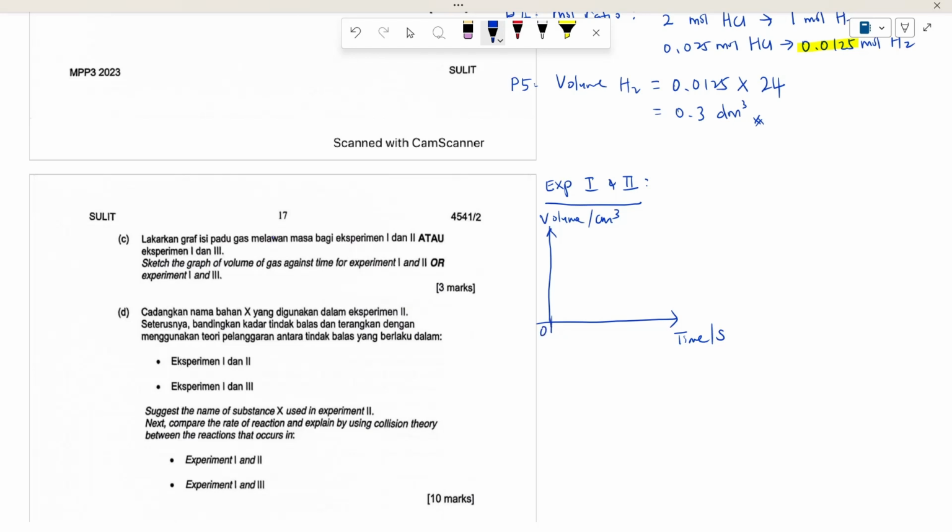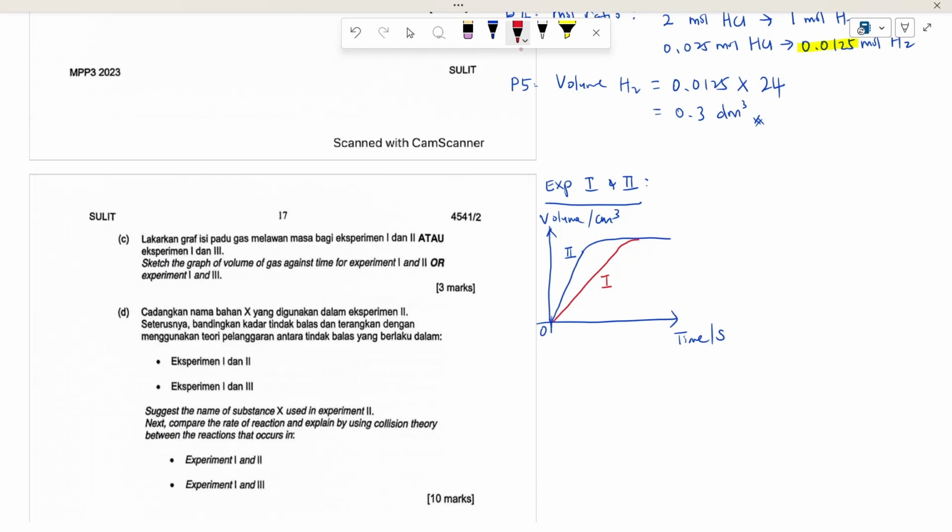So set 1 and set 2, right? Like say this is set 2. Set 2 higher rate, right? Set 2, experiment 2. The experiment 1 will be lower rate, right? Because no catalyst. So lower rate of reaction, so set 1.